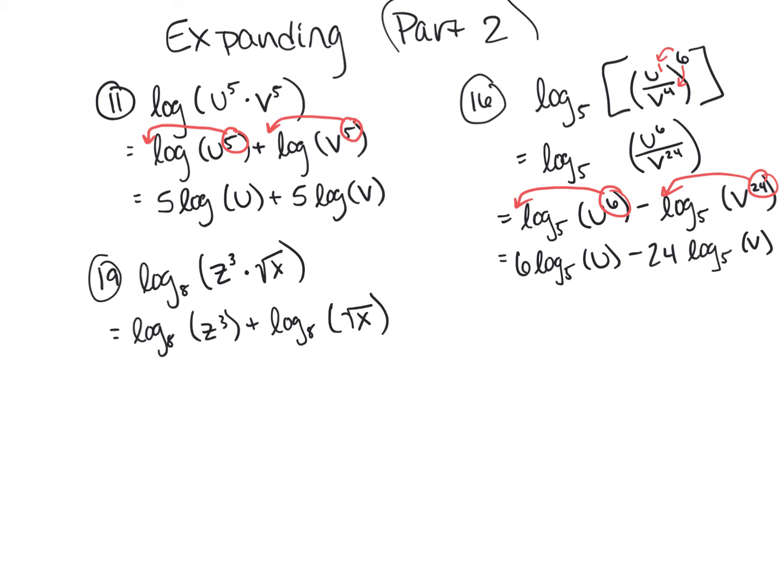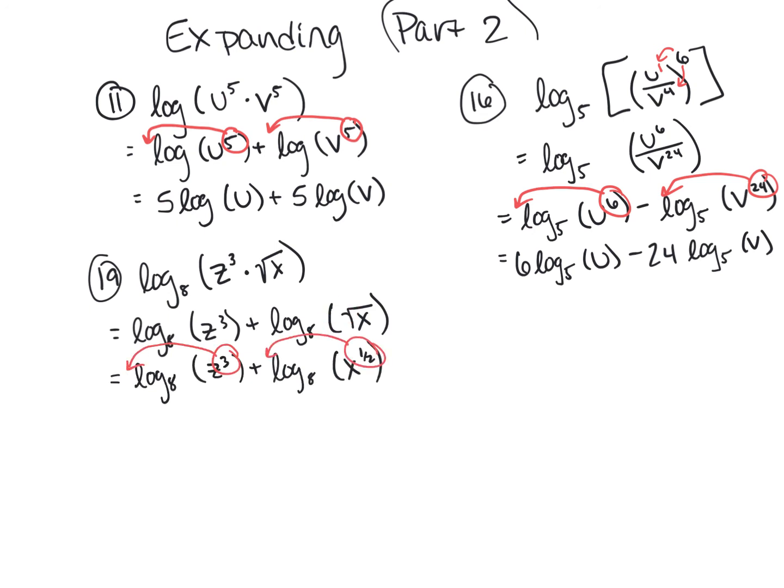Now, again, using our exponent rules, square root can actually be written as an exponent. We're going to write that as an exponent to the power of 1/2. So log base 8 of z cubed plus log base 8 of x to the 1/2. And then from here, take your exponents and make them become coefficients.